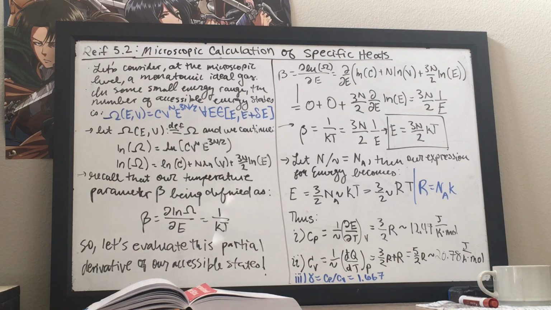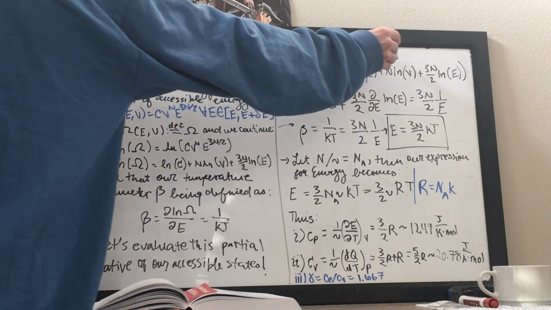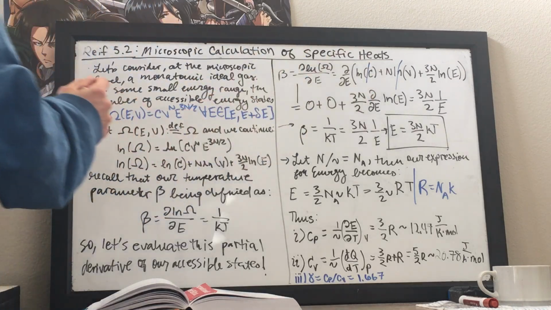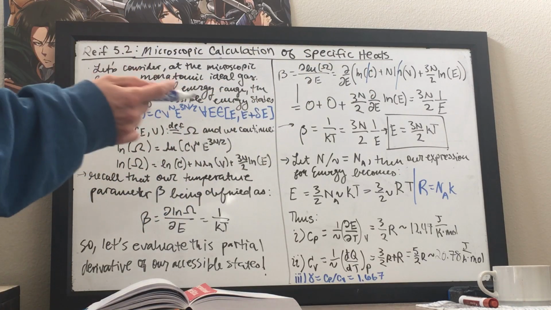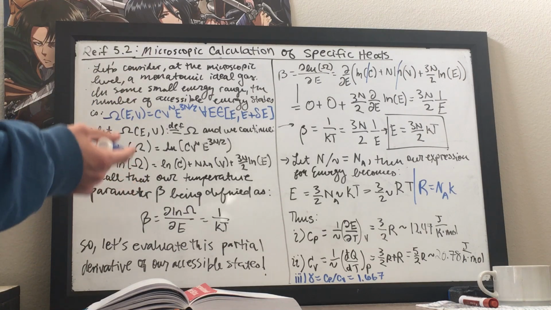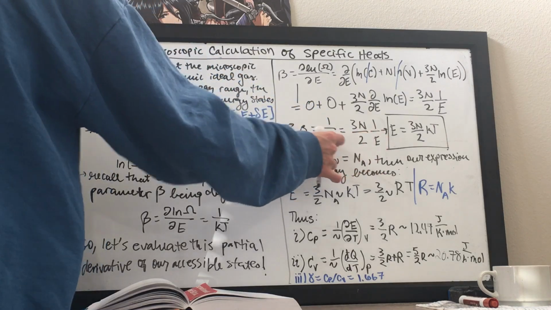Doing so, we notice that not only does our constant term cancel, but also our volume term cancels, and that leaves us with just the partial derivative with respect to E of the natural logarithm of E, which is just 1/E.